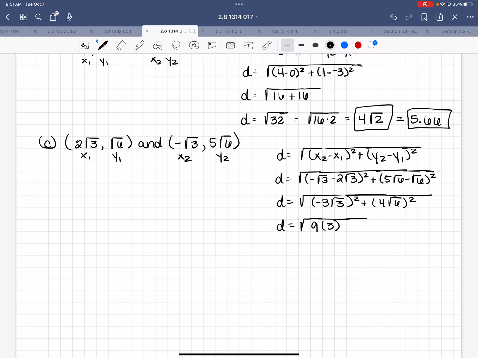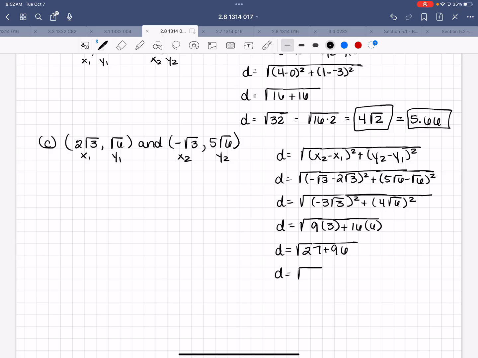And that's going to give me 9 times 3 plus 16 times 6. 4 squared is 16. Square root of 6 squared is 6. That's going to wind up giving me the square root of 27 plus 6 times 6 is 36, carry 3, so 96. Square root of 27 plus 96.